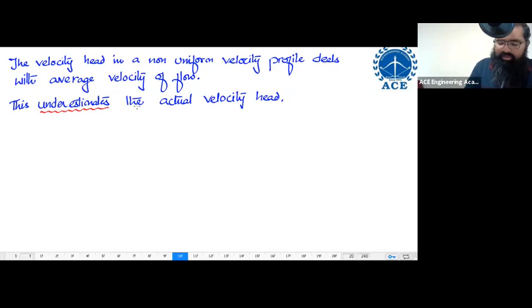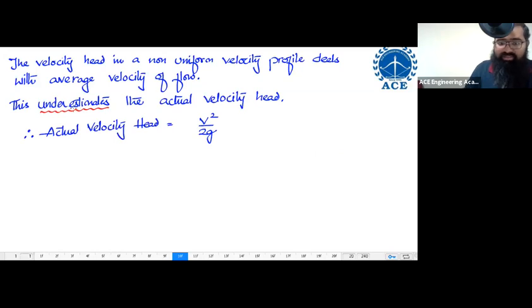Since it is underestimating the actual velocity head, the actual velocity head is supposed to be equal to your found velocity head multiplied by something.